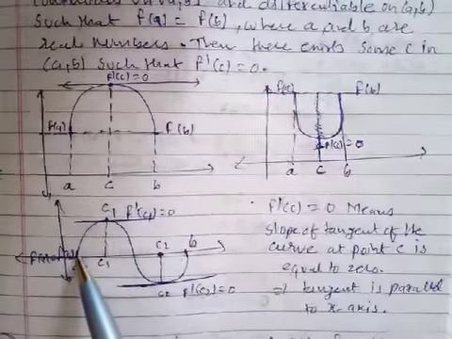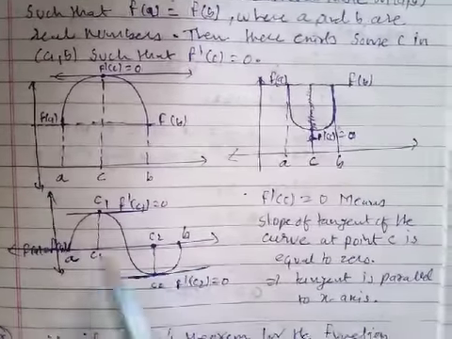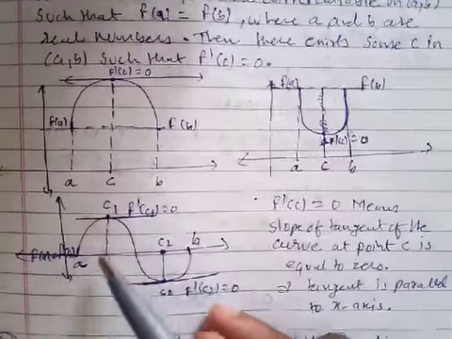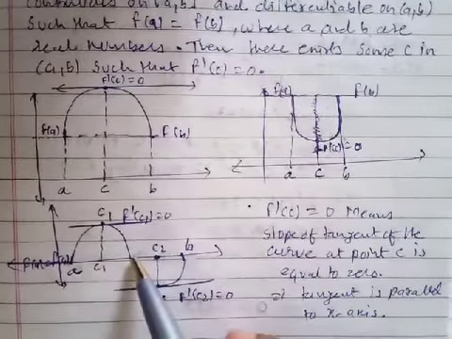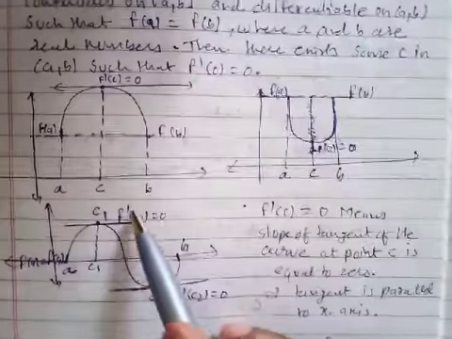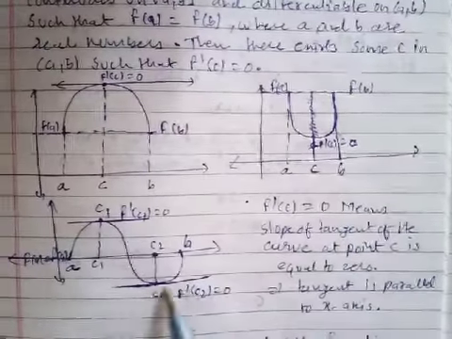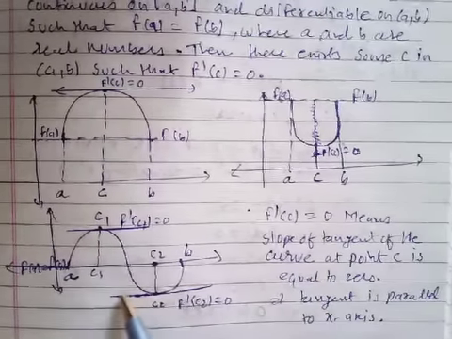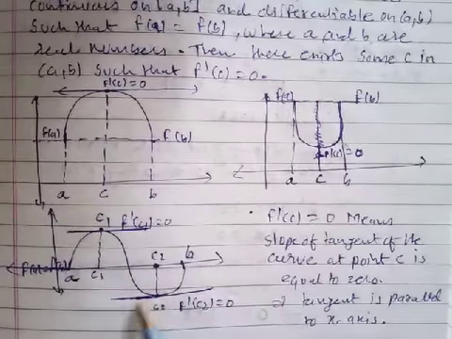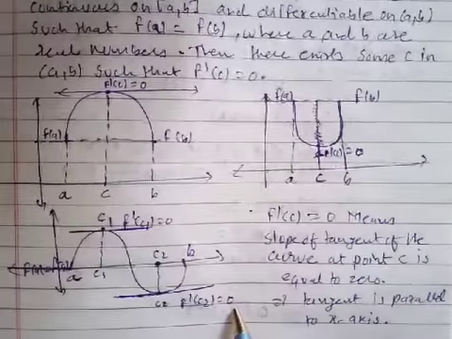So suppose you draw a curve like this. Here it is a, here it is b. If you draw the tangent here, it will be parallel to the x-axis. So f'(c1) is equal to 0. Here there is also c2, which is also parallel to the x-axis. So f'(c2) is equal to 0.